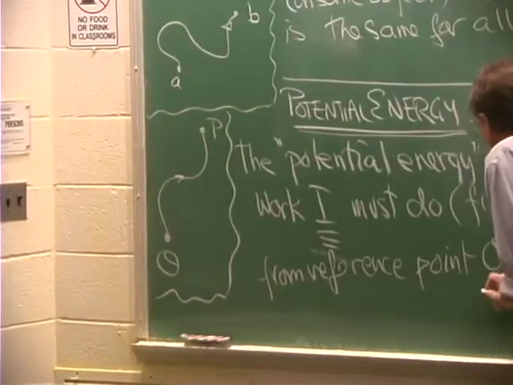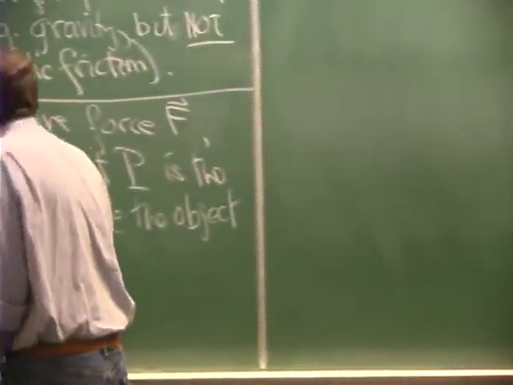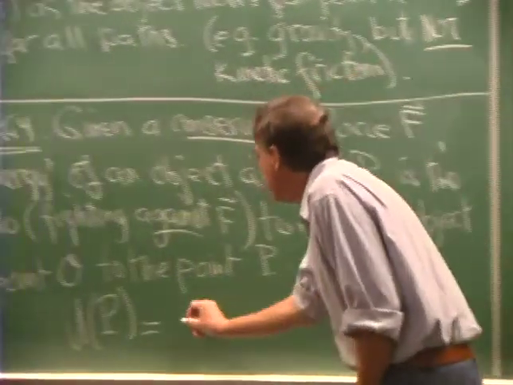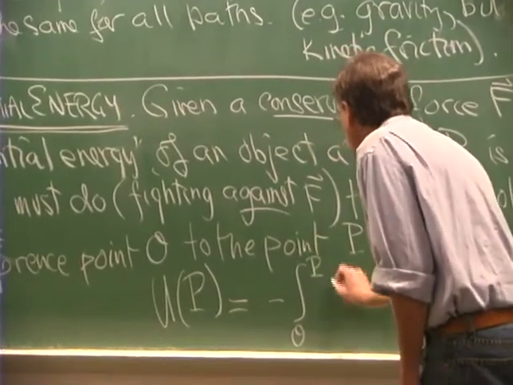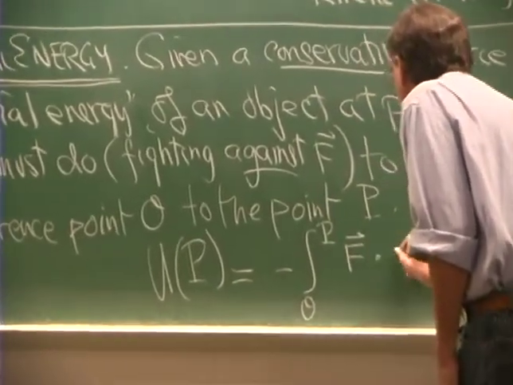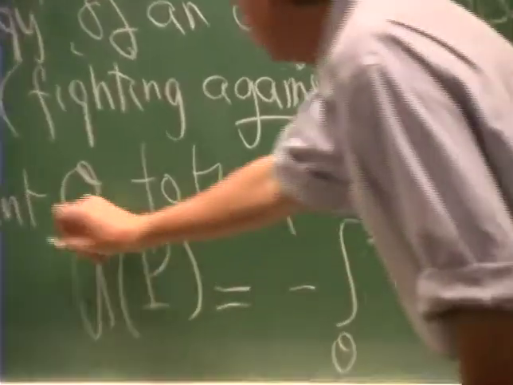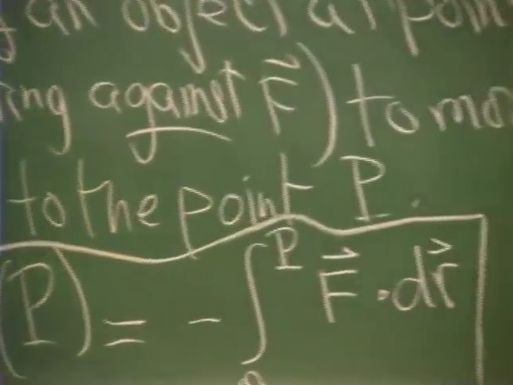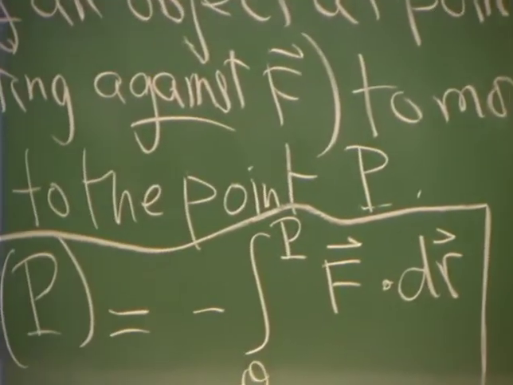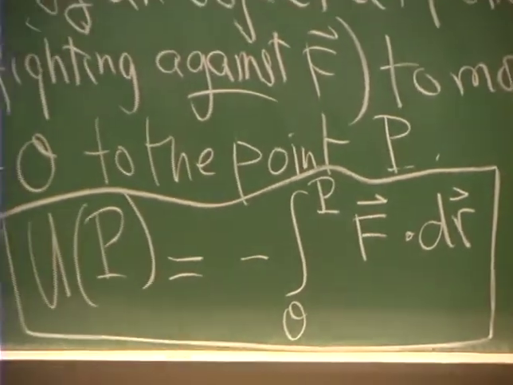Formally then, U, the potential energy at the point P, is equal to minus the integral from the reference point up to the point P of F dot dr. At the very end last time I was making a string of comments on that definition.